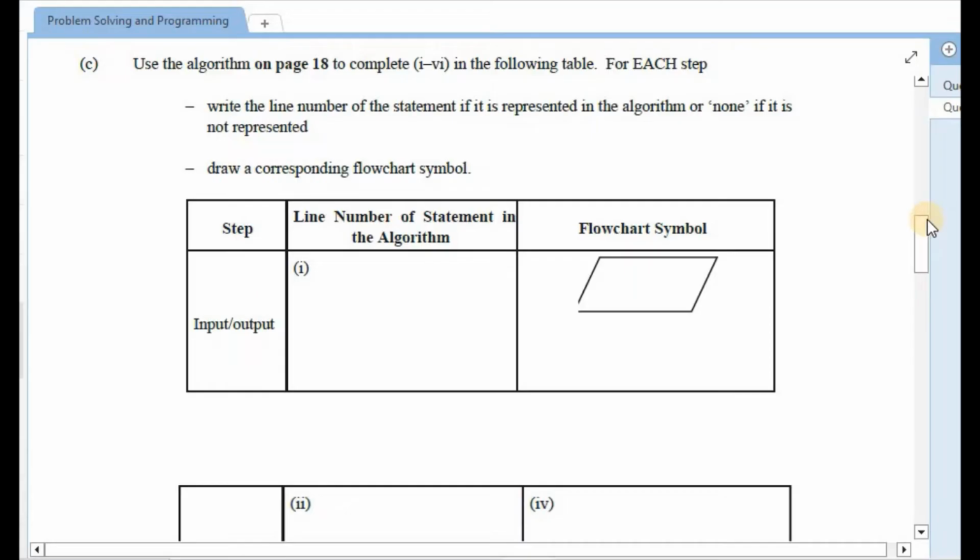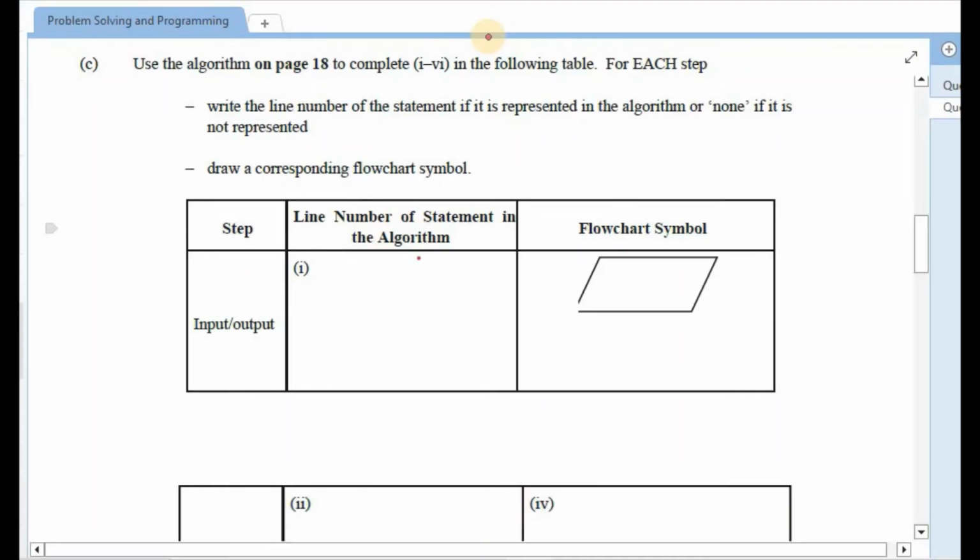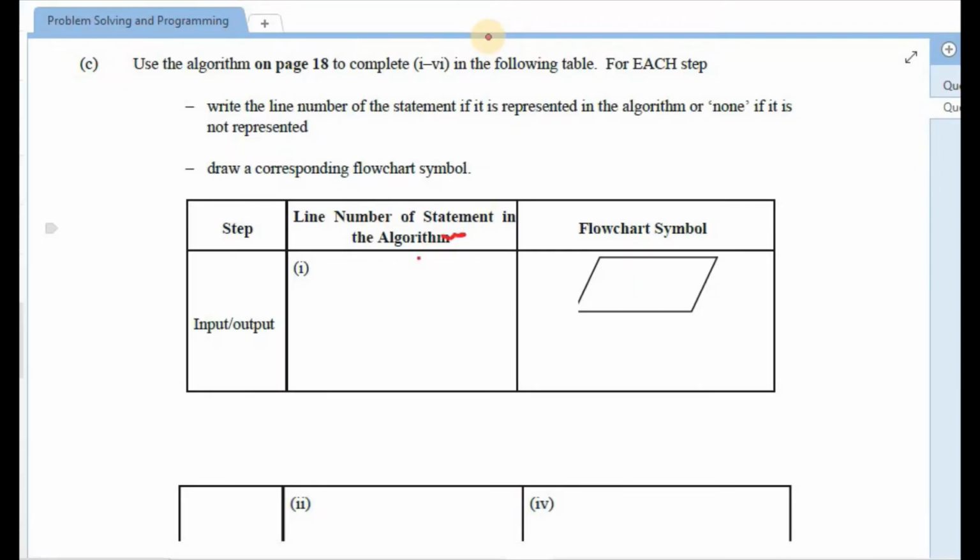C says that using the algorithm that we just went through above, we're expected to complete the table that is located below. So the first thing that we are expected to do is to write the line number in this section here, that is represented in the algorithm, or none if it is not represented.